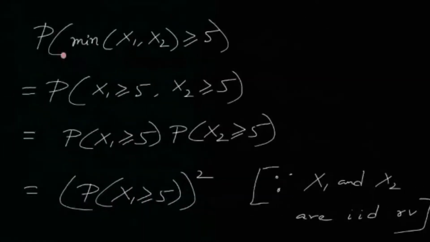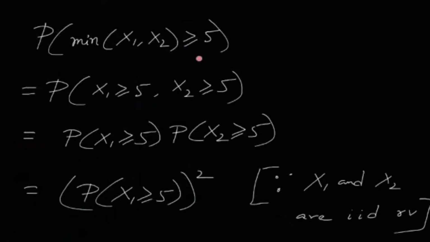So the probability that the minimum of x1 and x2 is greater than or equal to 5 means that both of them are greater than or equal to 5, right? Because if the minimum between the two is greater than or equal to 5, then it must be the case that both of them are greater than or equal to 5. And since they are independent, we can simply write it as the probability of x1 greater than or equal to 5 times the probability of x2 greater than or equal to 5, because we can split it out. But along with independence, they are also identically distributed.